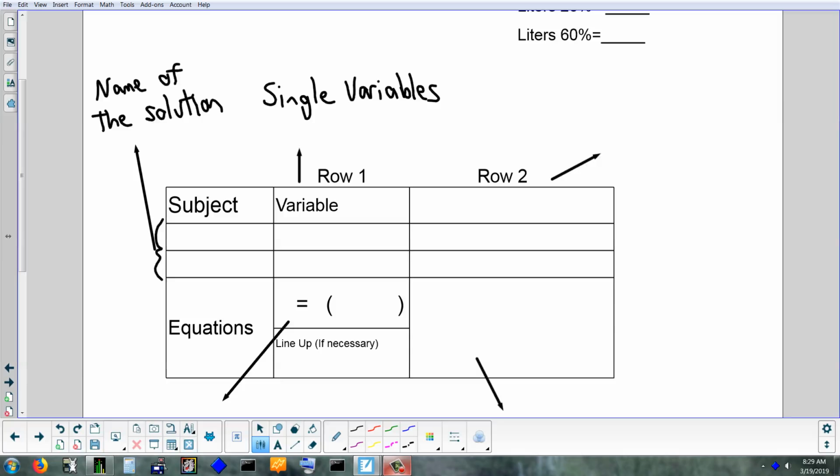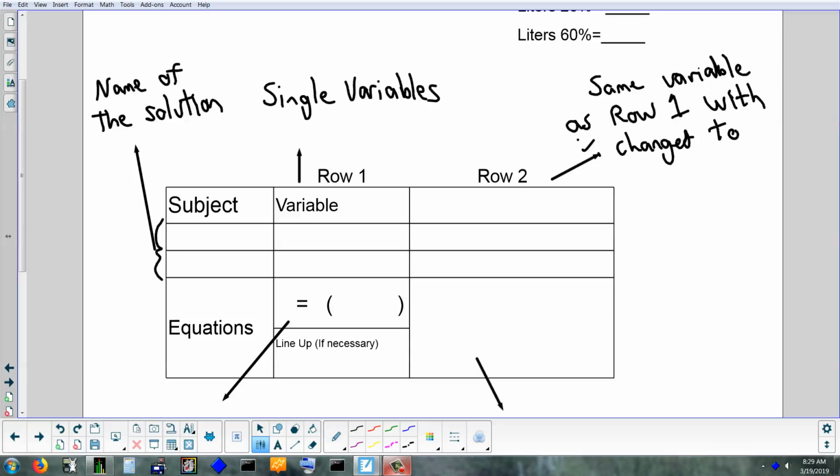Here, for my row 2 equation, for the variable, there's still going to be variables here like yesterday.